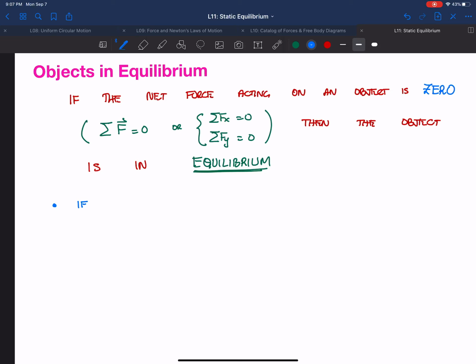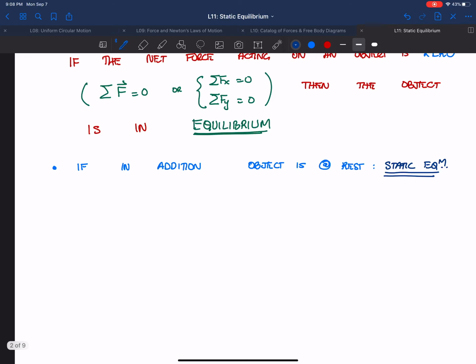However, if in addition the object is at rest, then we call that situation static equilibrium. So if we are told that the object is at rest, then we call that a static equilibrium.